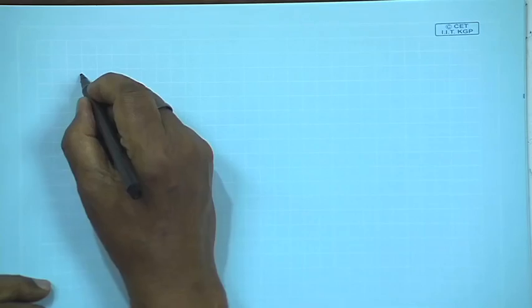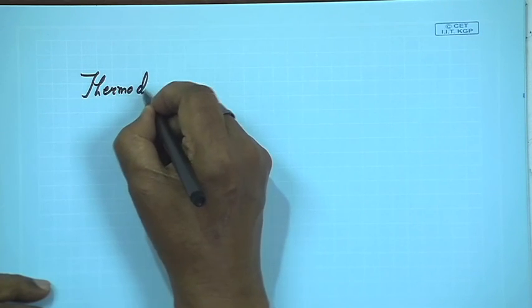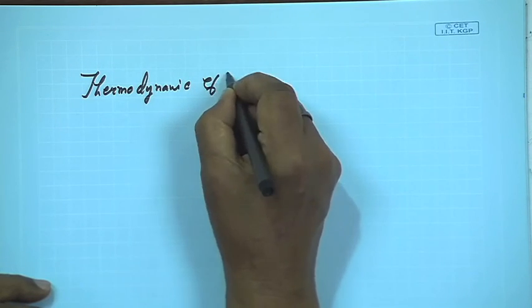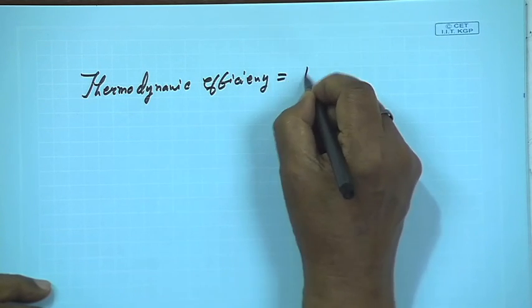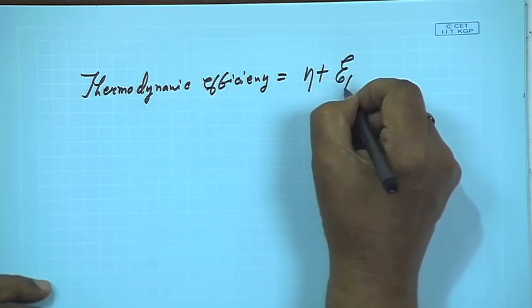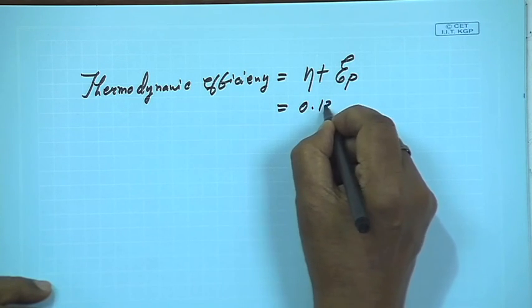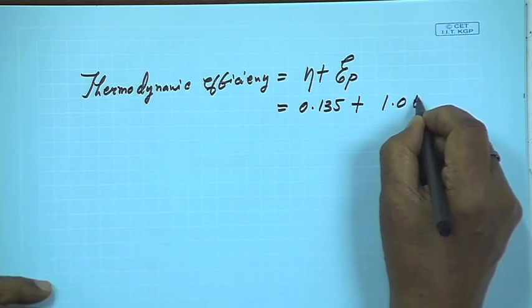So now we shall have to check whether this calculated value, the thermodynamic efficiency, is equal to eta plus epsilon p. Now what we got is about 0.135 plus 0.1055.